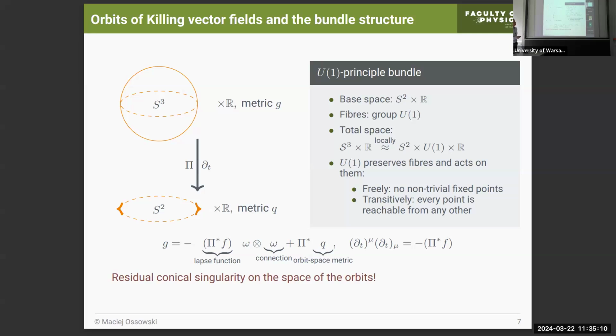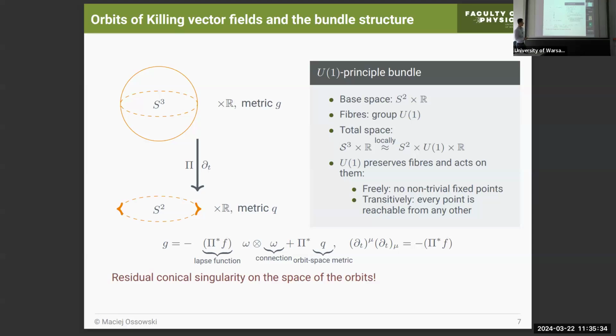We have said that its orbits are closed, so the group must be U1. You can check some technical properties that it works. And the important thing is that this principal bundle structure gives you a decomposition of the metric tensor in terms of some objects associated with this bundle.